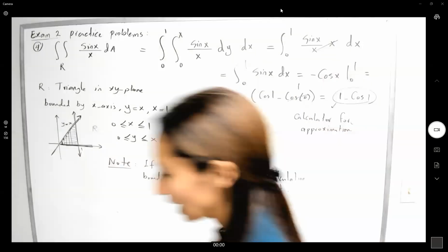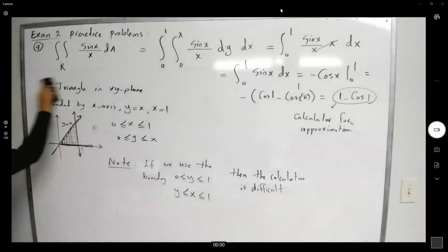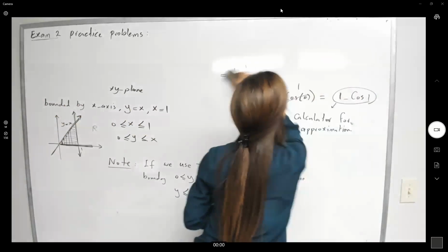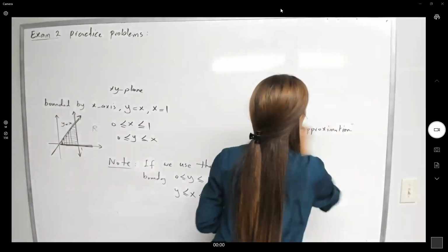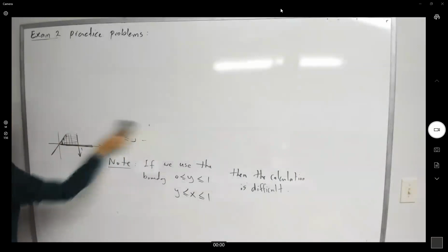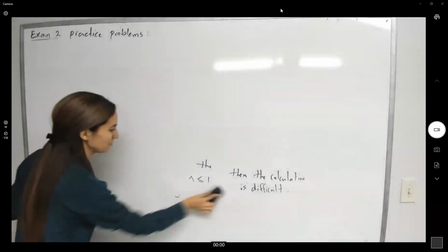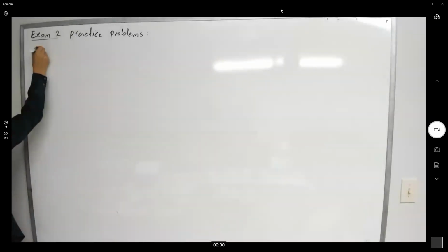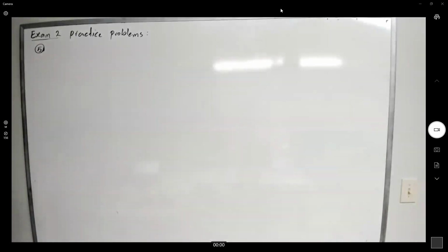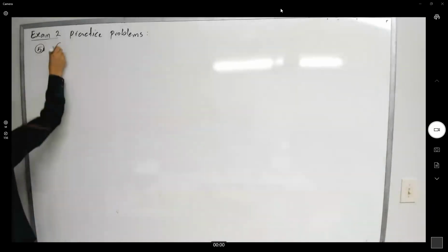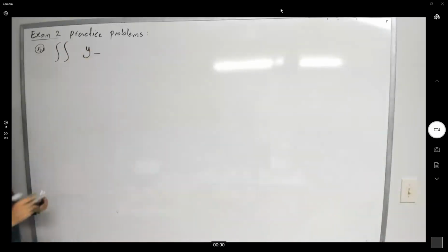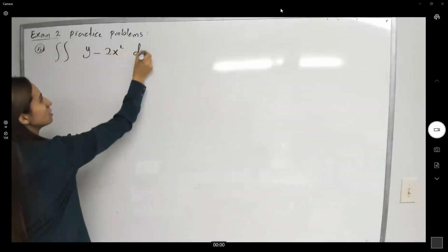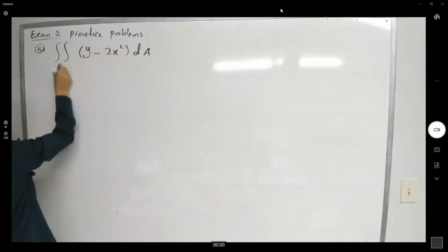Very well, let us move on to the next question. Question 5. Question 5 says, find the double integral of y minus, this is your ceiling that you have, 2x squared dA over this region.